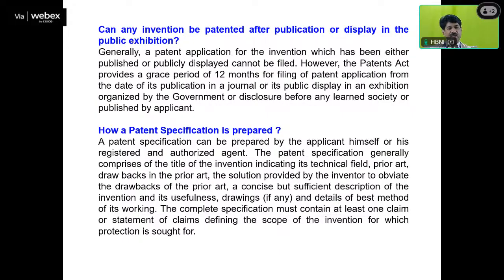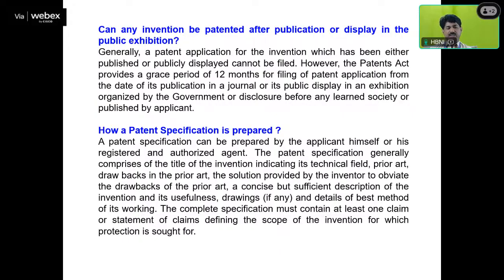Any drawbacks of the prior art have to be clearly pointed out. Whenever we talk about research, what are the gap areas? Prior art is nothing but the literature survey, and the drawbacks, that is, the gap areas, also have to be pointed out. A concise but sufficient description of the invention and its usefulness has to be included in that particular specification.